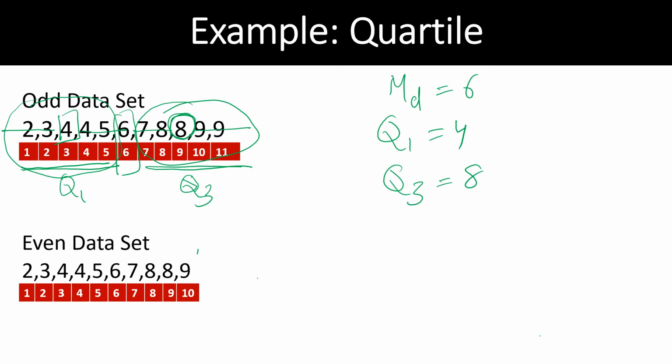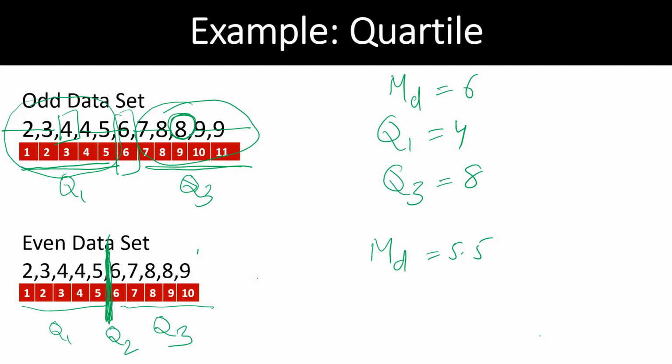Now same with the even data set, as we calculated median of this data set, which was 5.5. So median was 5.5, which will lie somewhere here. Now split this data set into two parts through median. This is one part and this is second part. In the same way, median of this part will be Q1 and median of this part will be Q3, and Q2 is same as median.